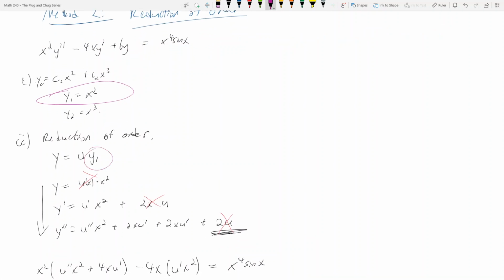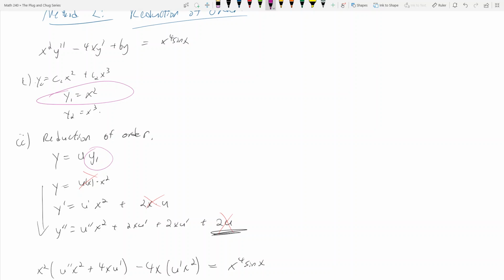And so, which way should you use? There's no correct way. There's no incorrect way. Sometimes reduction of order turns out to be really bad, especially when you have to deal with logarithms, so ln's. And so I would suggest maybe whichever one you feel more comfortable with. And most students are going to say variation of parameters, which is perfectly fine. It's a perfectly fine method to do this.